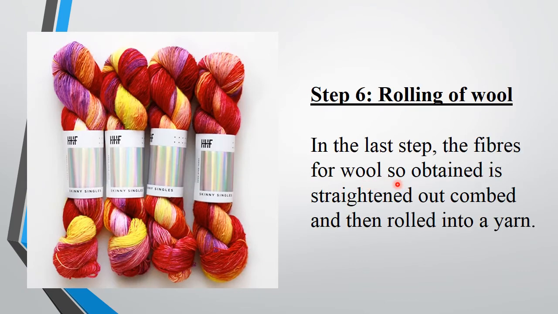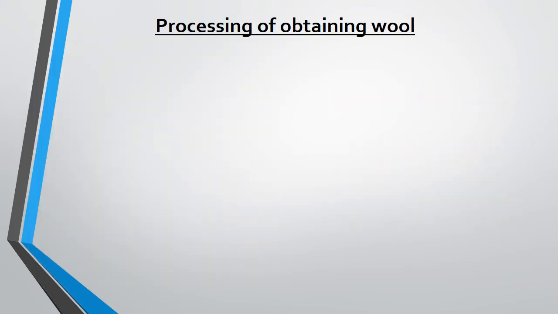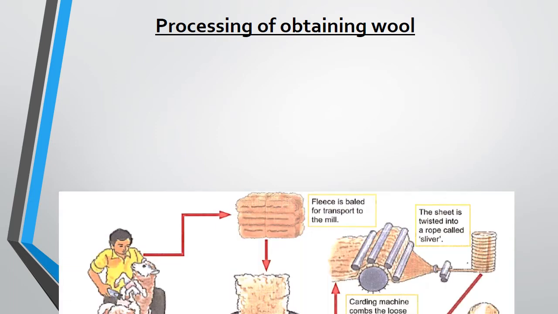The fibers are then straightened, combed and rolled into yarn. So now the woolen yarn is ready. This yarn or wool forms balls of wool for knitting or weaving different woolen clothes. The next animal fiber we are going to study is silk.